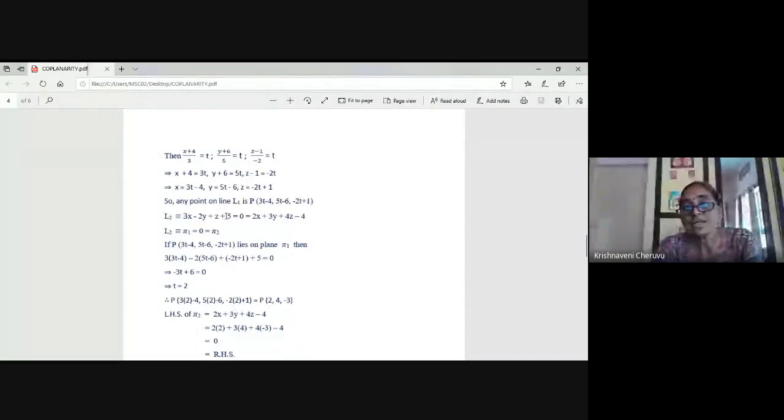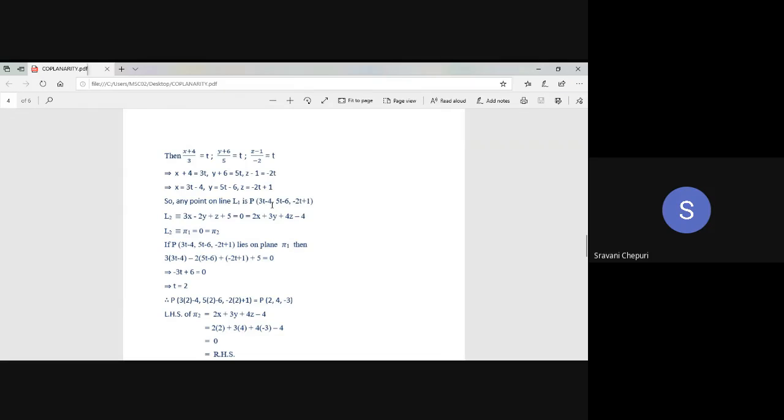Now L2 is the intersection of two planes, this is plane pi 1 and this is plane pi 2. The intersection of two planes will give you a line, and this is called unsymmetric form. I got a point on line L1, and I have to make sure whether this point also lies on line L2.